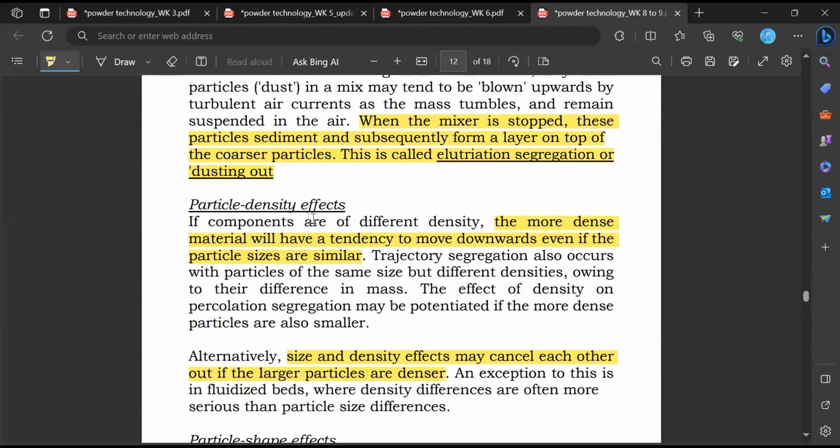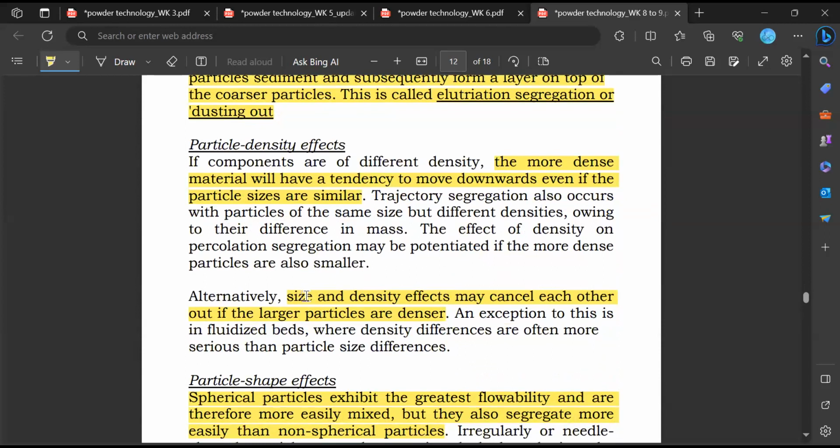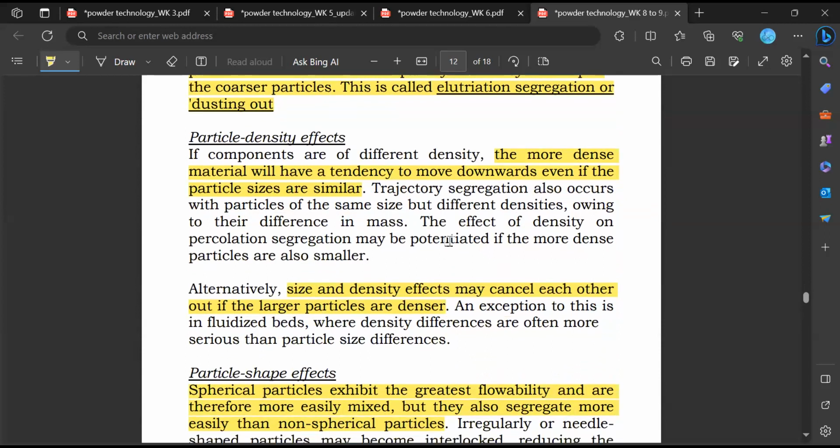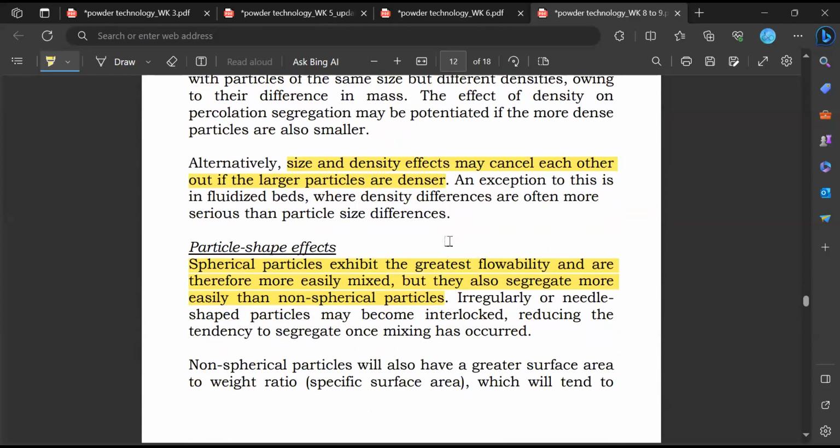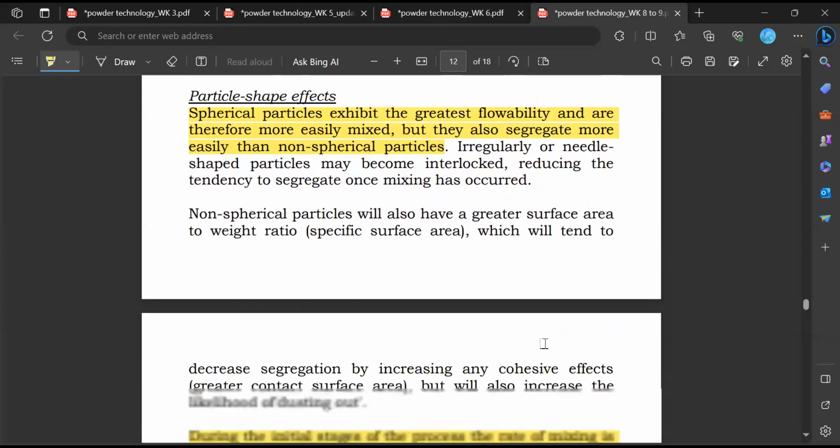Second is particle density effects, where the more dense particles tend to move downwards, but it usually cancels out with particle size. And the last one is particle shape effects, where spherical particles are more easily segregated compared to non-spherical ones, because non-spherical particles usually interlock. So it reduces the tendency to segregate once it has been mixed.